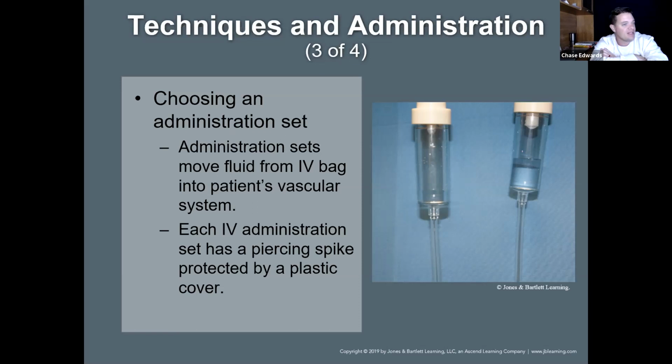So what happens a lot of times is they'll take that administration set and put it on there, and they won't make sure that it's flushed out. You've got to flush it, because you don't want to hook it up to the IV and not have it flushed. You want to have that set pre-filled. So you can see the one on the left is empty.